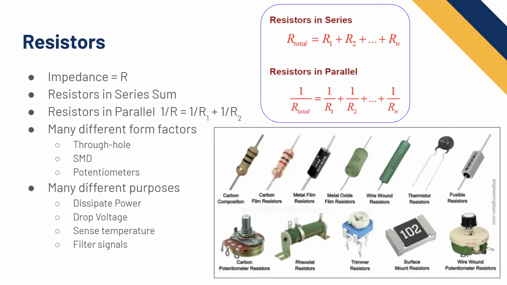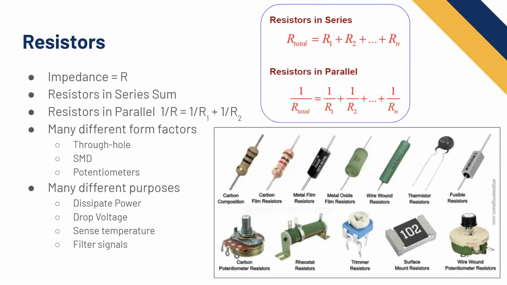If the wiper is in the middle, there's going to be equal resistance on both sides, versus if I was connected over here, this one's going to be a third, and this one's going to be 2/3 of the total resistance. And so you can use that for knobs. And they have many different purposes.